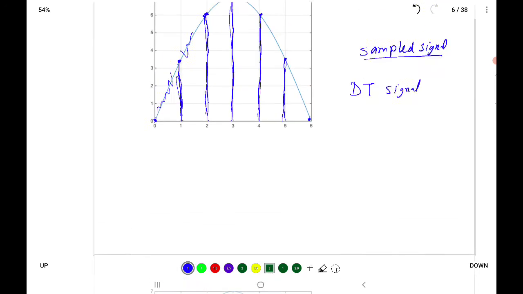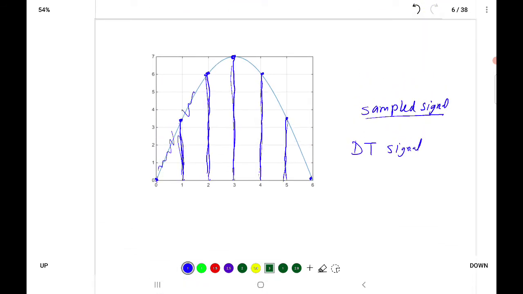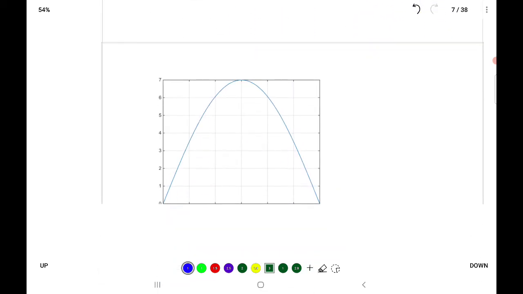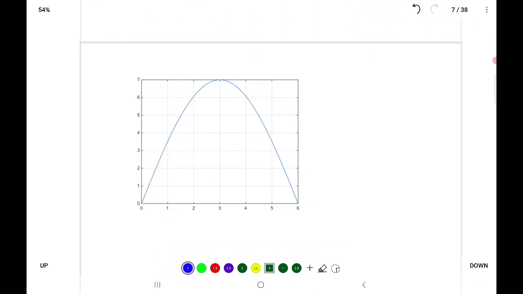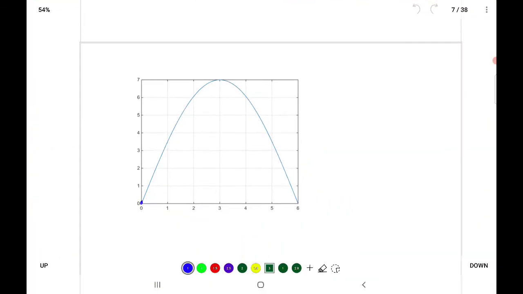What about if you get this sample and you quantize? Let me take another graph. Let's take at 1, and you're supposed to go here if it's sampled. But if you also quantize the magnitude, it will not reach here because there's no amplitude level there. The quantization levels are at 1, 2, 3, 4, 5, 6.